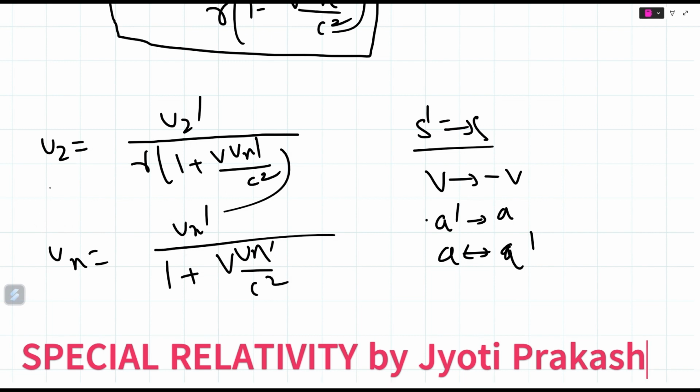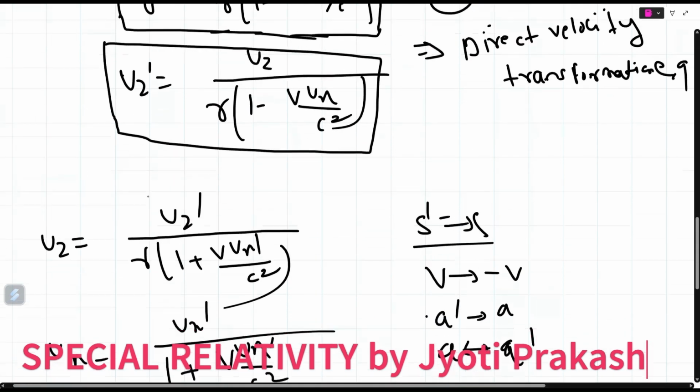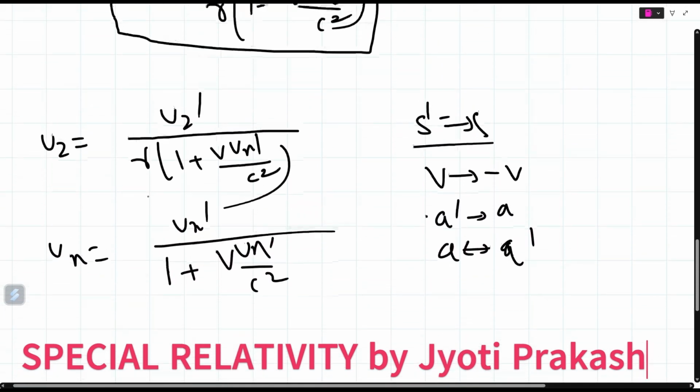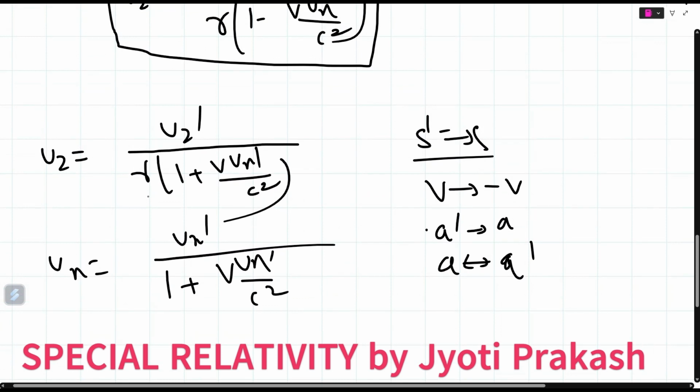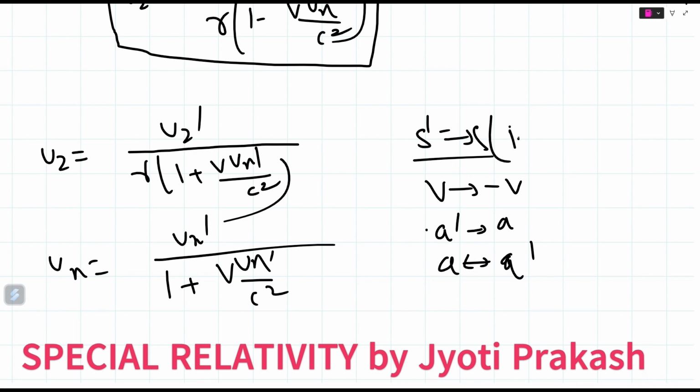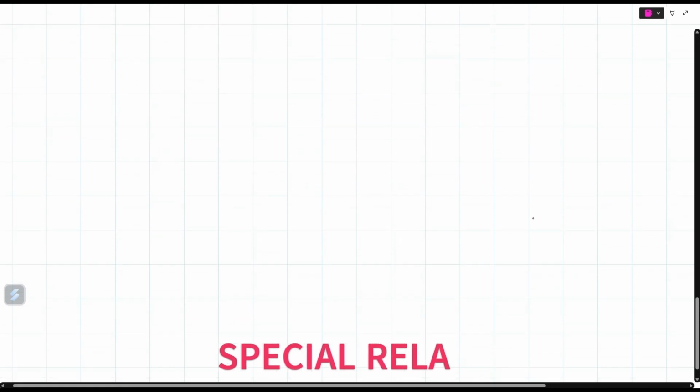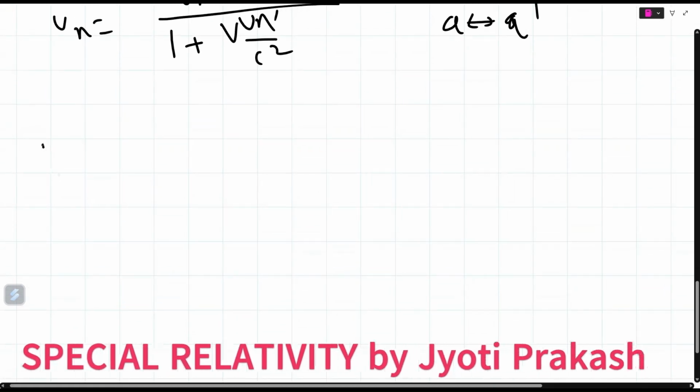This way you can write the transformation in an indirect way; basically, this is the inverse transformation. Now come to equation A.